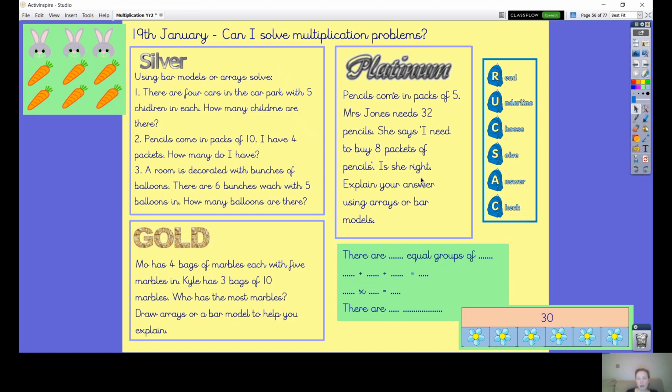And finally, we've got a slightly different word problem. Again, we've got Mrs. Jones needs 32 pencils and they come in packs of 5, and she thinks she needs 8 packets. You need to decide, is she right? And have a think about how you could explain your answer using an array or a bar model.